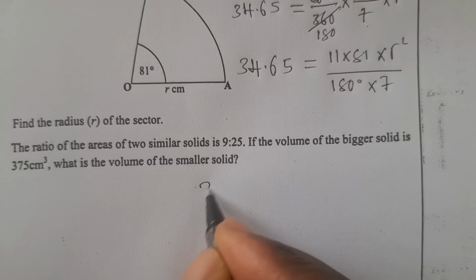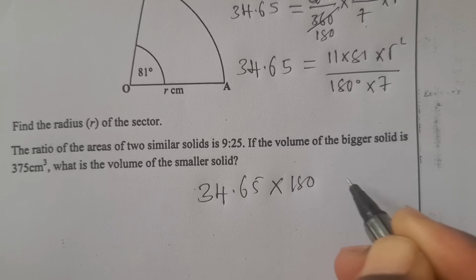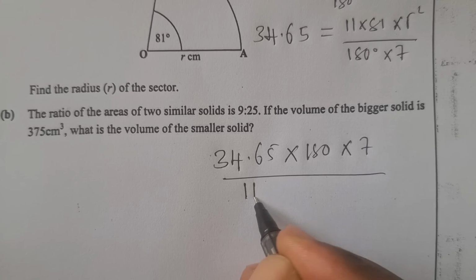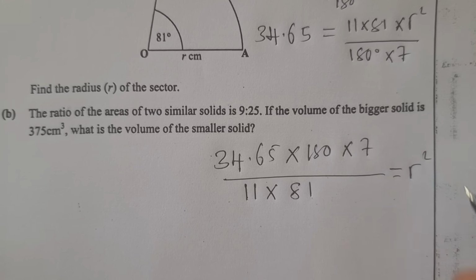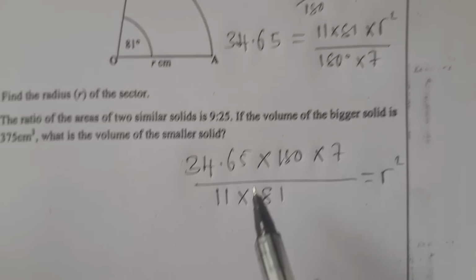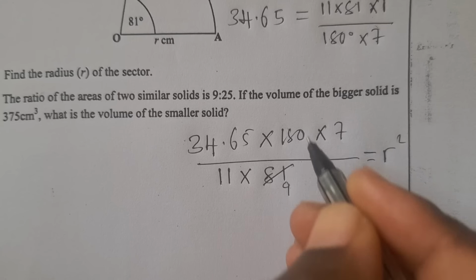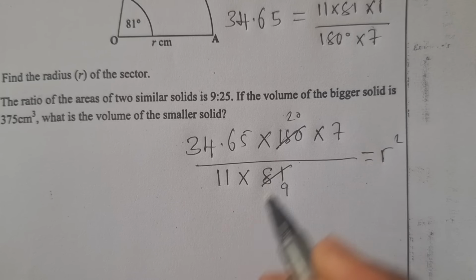So in cross multiply, this would be 34.65 times 180 times 7 over 11 times 81 is equal to r squared. I've just cross multiplied. And then here we can say 9 into 81, it's 9, and 9 into 180 will definitely give us 20.